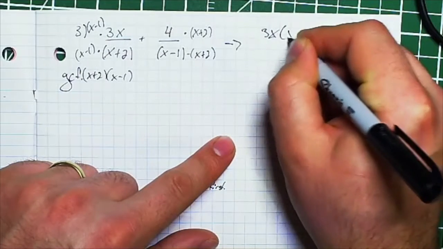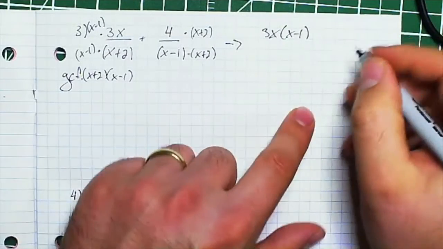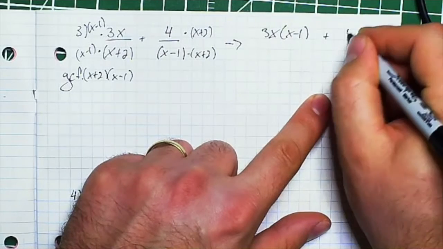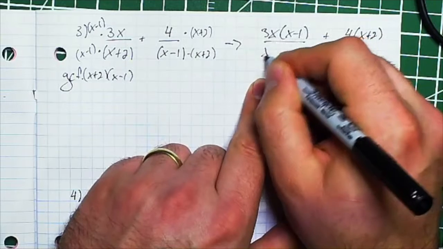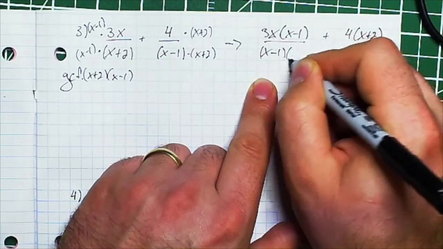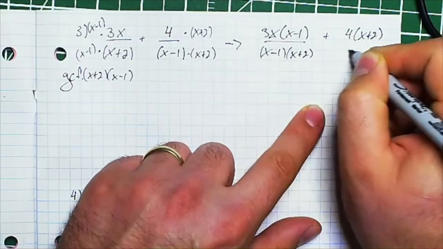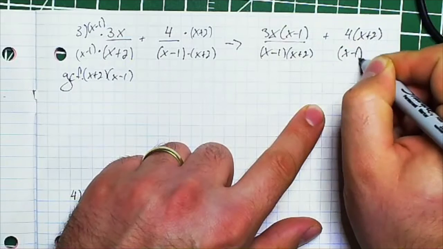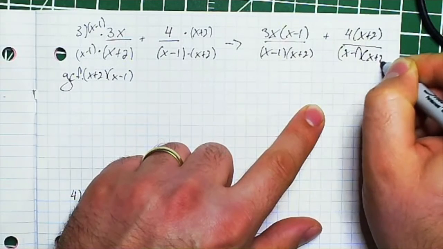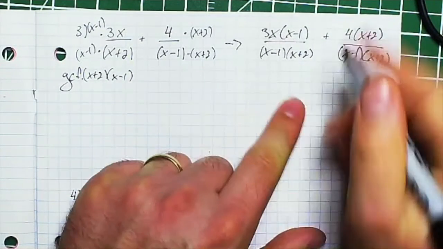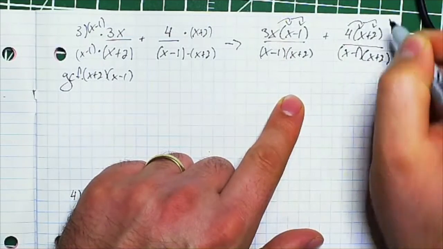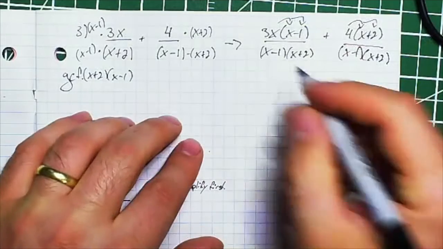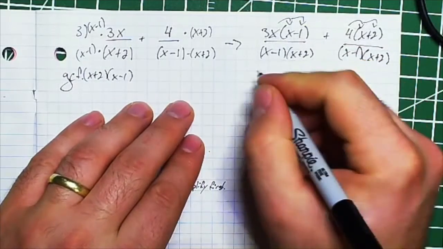This turns into 3x times x minus 1 plus 4 times x plus 2, and each of these is over x minus 1 times x plus 2. You want to distribute each of these into your brackets, or sometimes called FOIL.